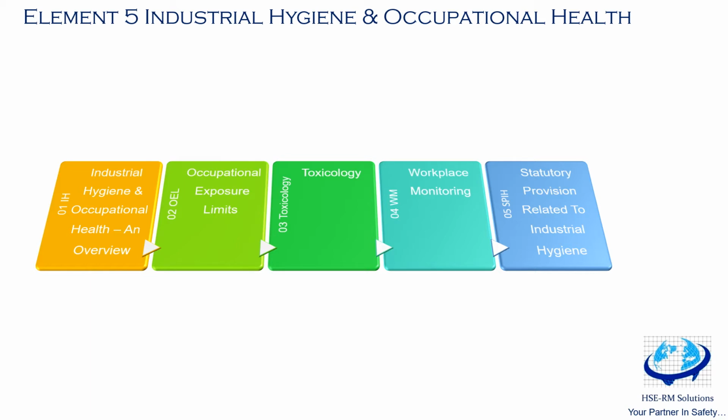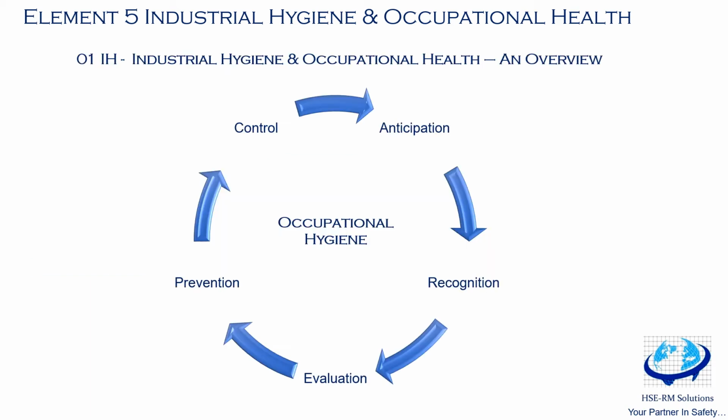Before starting, we must know what industrial hygiene and occupational health is. When we talk of the overview, first we must understand that this branch has a person involved: an industrial hygienist.